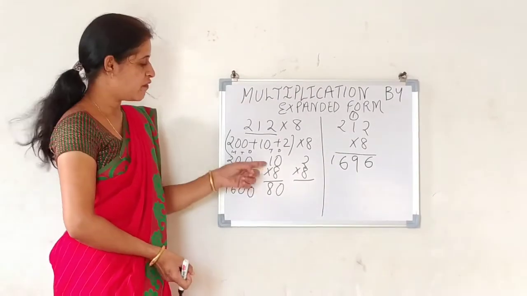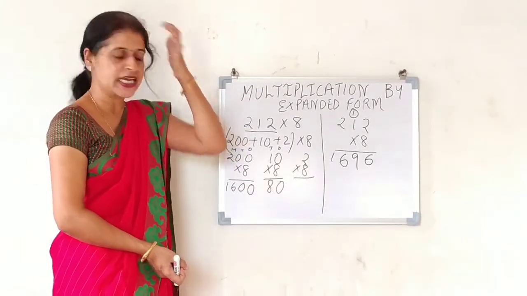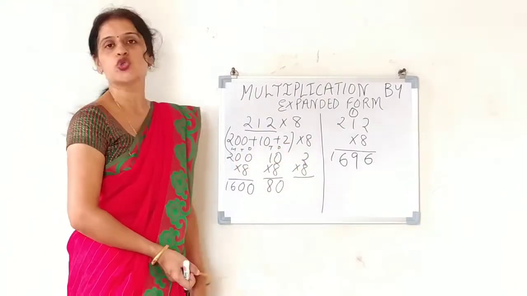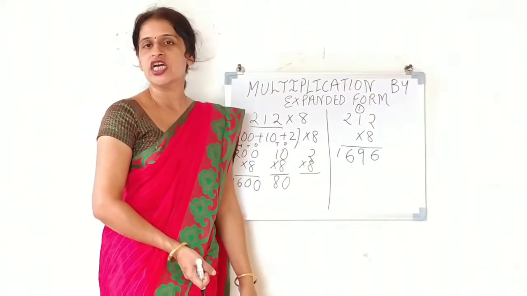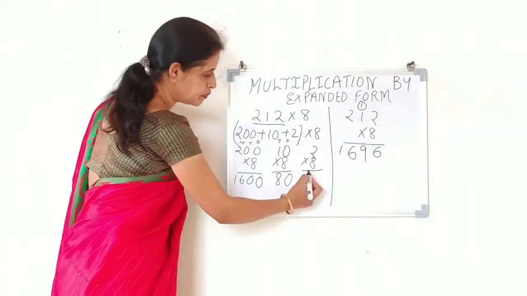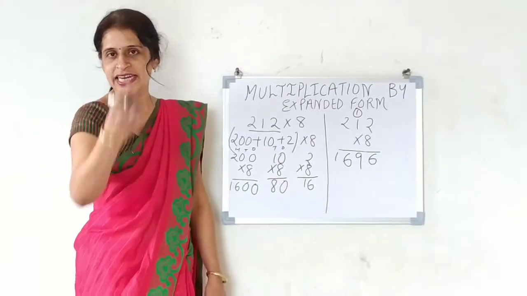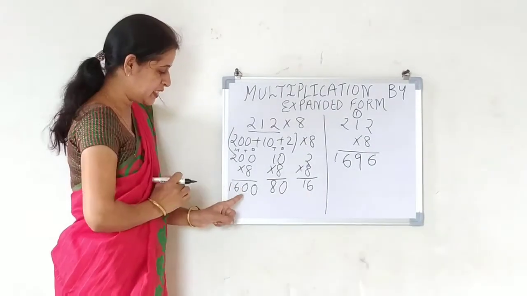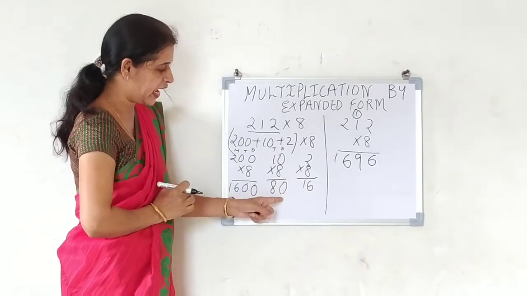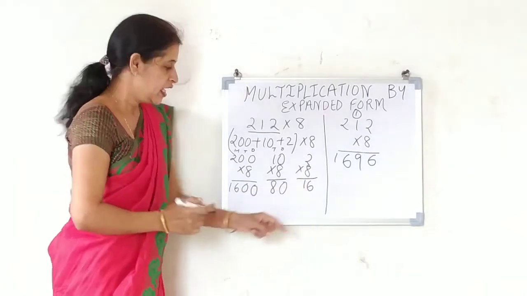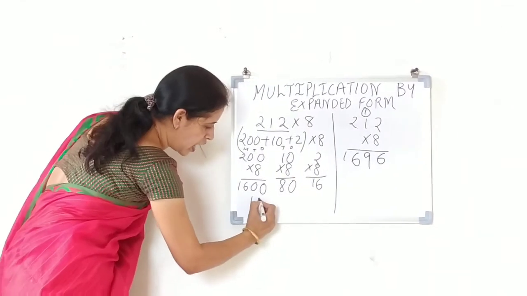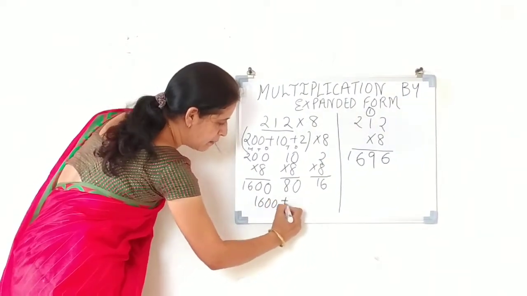Got it? We have finished with 10 into 8. Now let's move on to 2 into 8. They are single digits. So 2 8s is what? 16. Is it clear? So we have obtained 1600, 80 and 16. Now let us add these numbers.